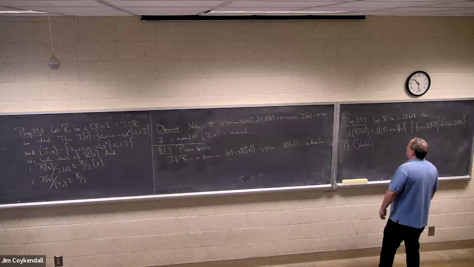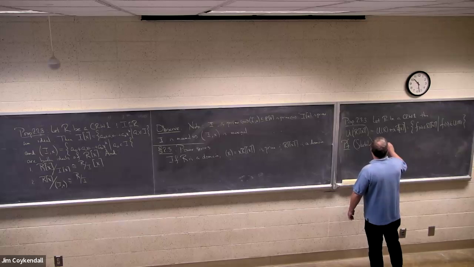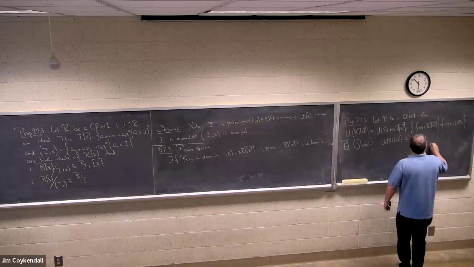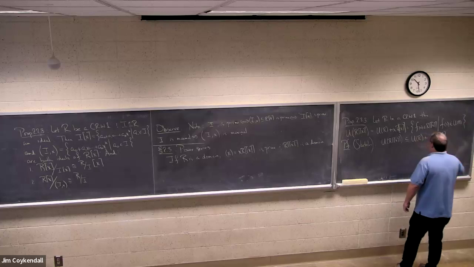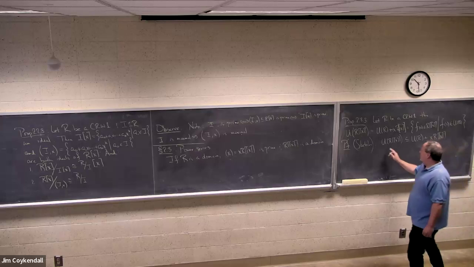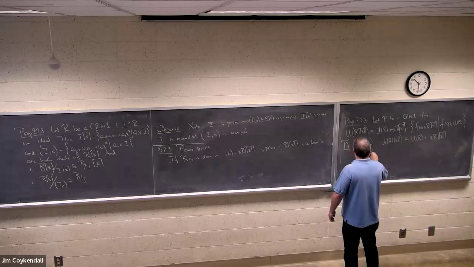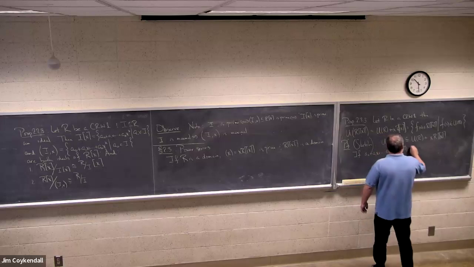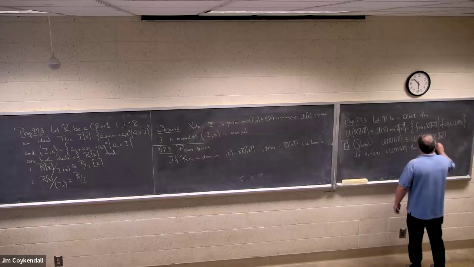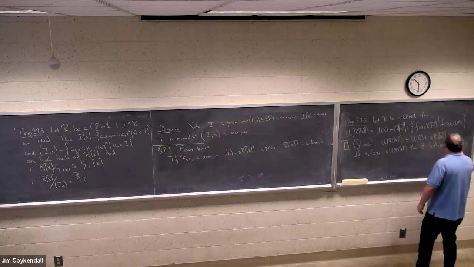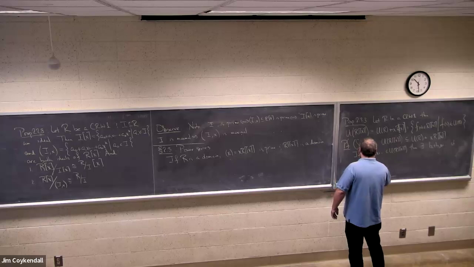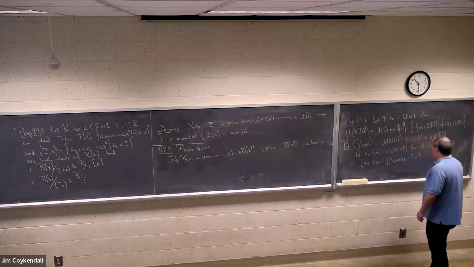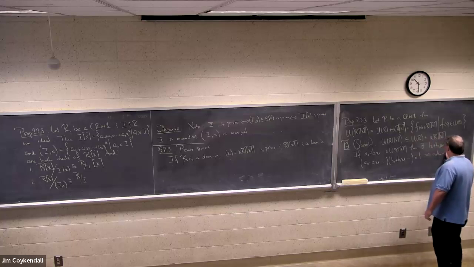Let's point out that this containment is certainly true, because if a0 plus a1x plus so on is a unit power series, then there exists b0 plus b1x plus so on such that (a0 plus a1x plus ...) times (b0 plus b1x plus ...) is equal to 1, which implies immediately that a0 b0 is 1.